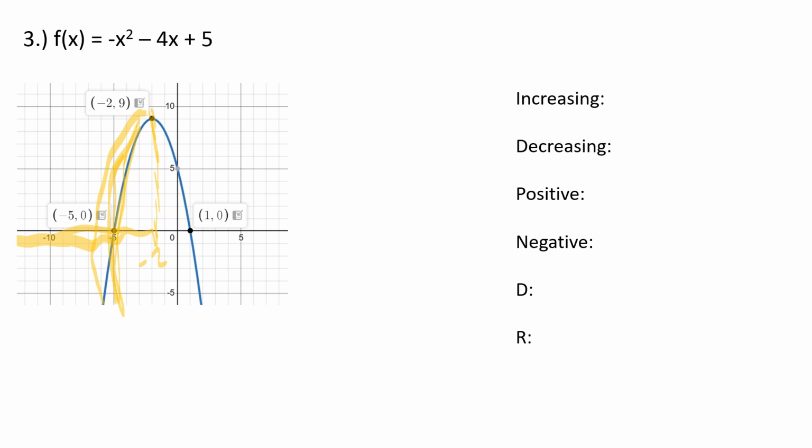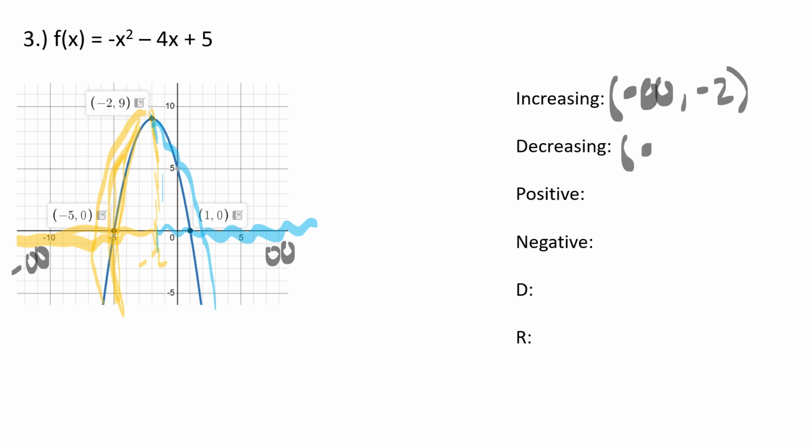And so we are starting at -infinity and we stop increasing when we get to the -2, which means the other half of this is my decreasing. So it starts decreasing at the -2 and goes on forever. So all the way to infinity. So -infinity to -2, and -2 to infinity.